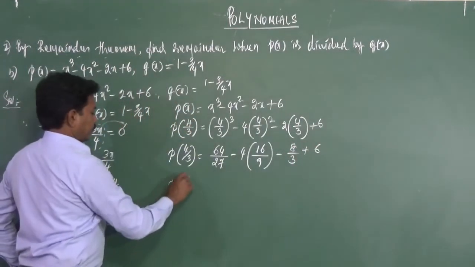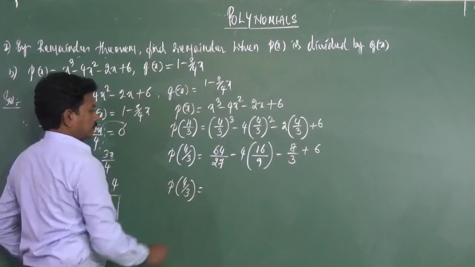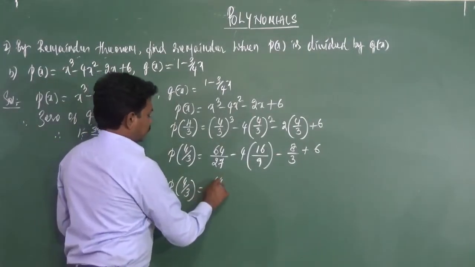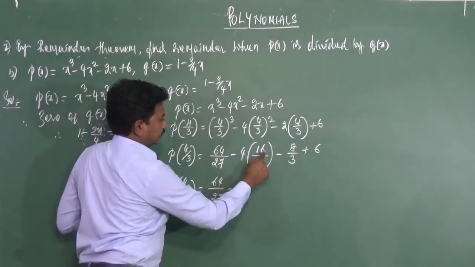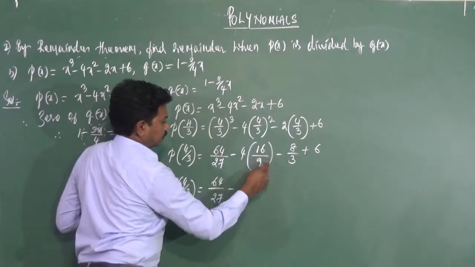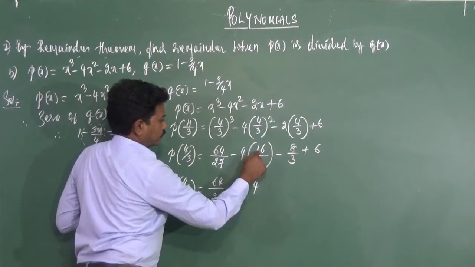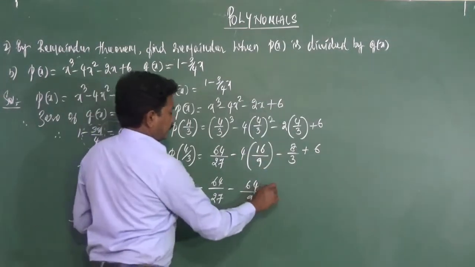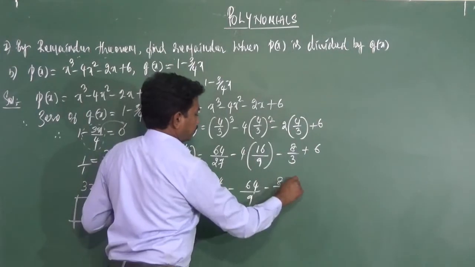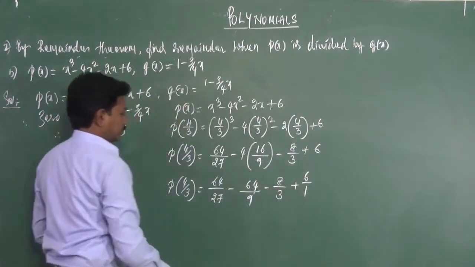So p of 4 by 3 is equal to 64 by 27 minus 4 into 16, that is 64 by 9, minus 8 by 3 plus 6 by 1. So this is how it goes.